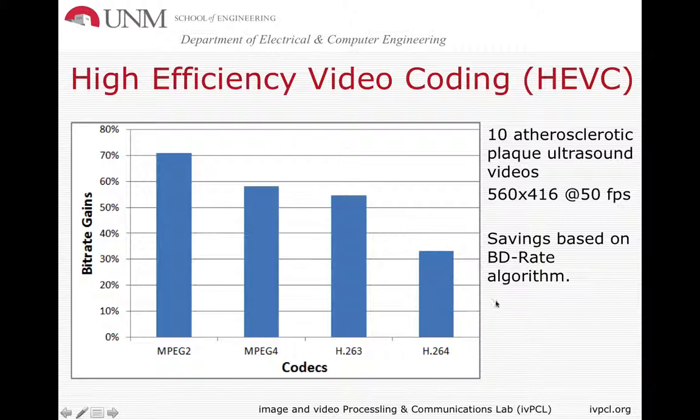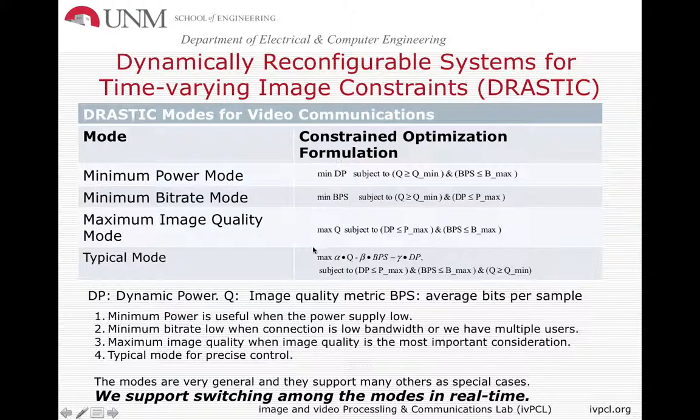So this new standard, here tested with 10 videos which were running at 50 frames per second, promises to save a lot. And here at UNM, we looked at completely new video compression systems that are based on what we call drastic.